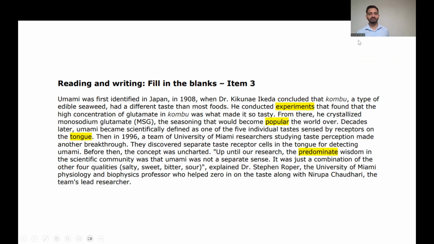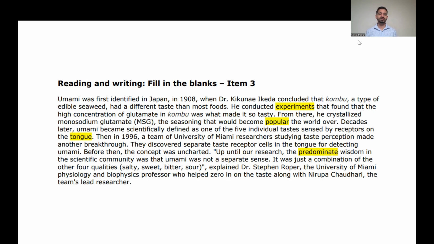Umami was first identified in Japan in 1908 when Dr. Kikunae Ikeda concluded that kombu, a type of edible seaweed, had a different taste than most foods. He conducted experiments that found that the high concentration of glutamate in kombu was what made it so tasty.